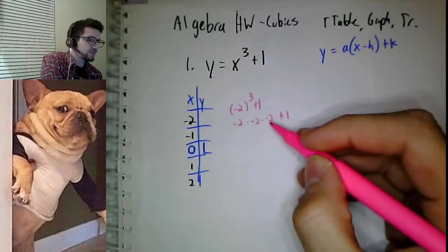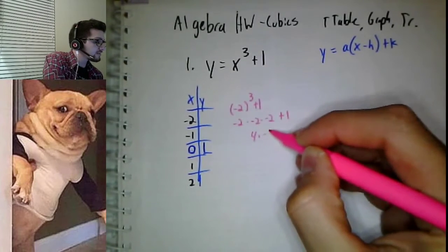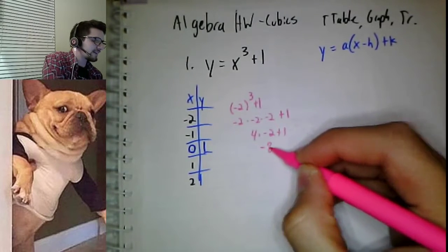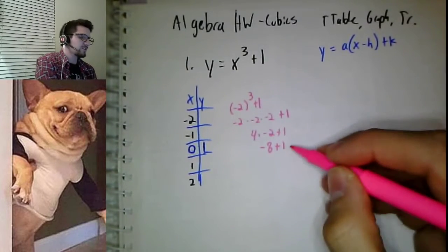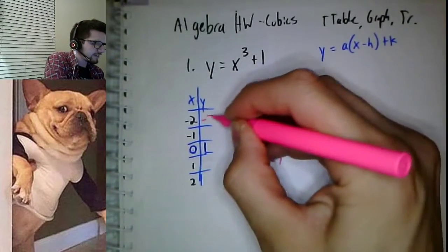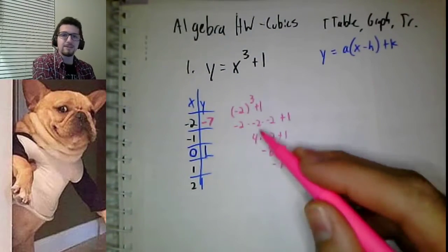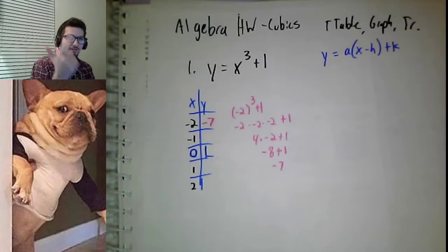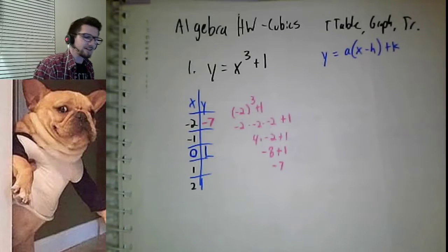Negative 2 times negative 2 is positive 4. And then positive 4 times negative 2 gives me negative 8 plus 1, which gives me negative 7. Please keep in mind that when you cube a negative number, it stays negative. 2 times 2 is 4, 4 times 2 is 8. That's how you do that.